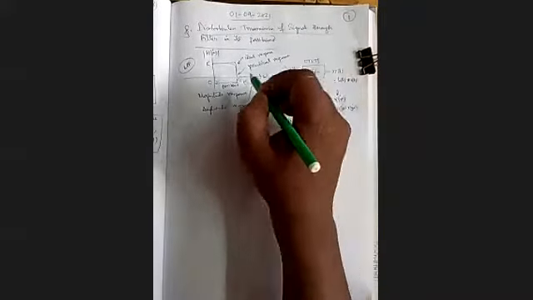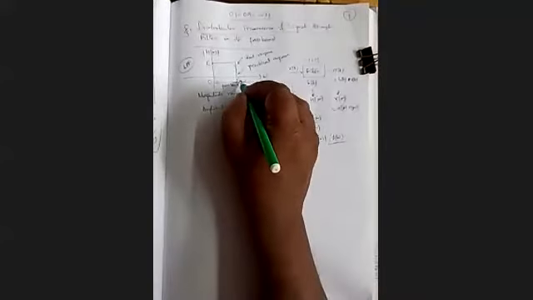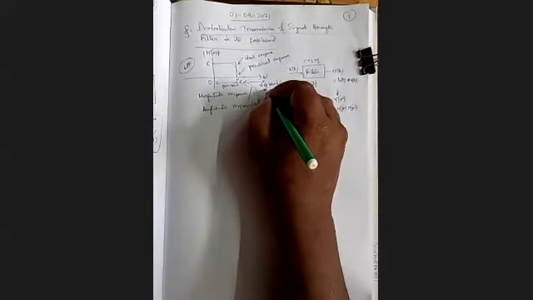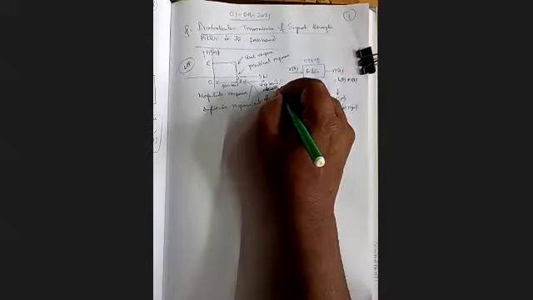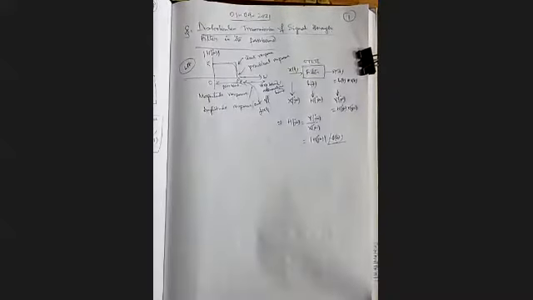So we can say that a signal whose frequency is above the cutoff frequency is rejected by the filter. This range of frequency is called the stop band or attenuation band of the filter.